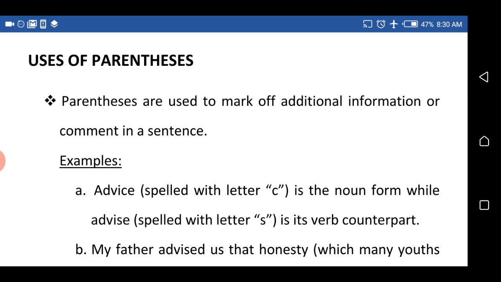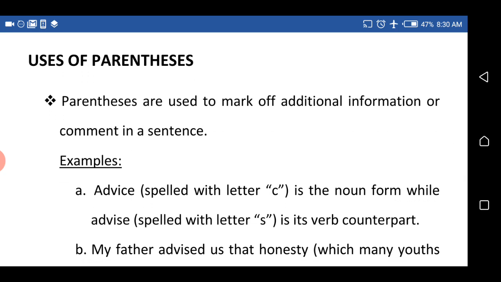Examples. Example 1, A. Advice, open your brackets, spelled with letter C, close your brackets, is the noun form, while advise, open your brackets, spelled with letter S, close your brackets, is its verb counterpart.